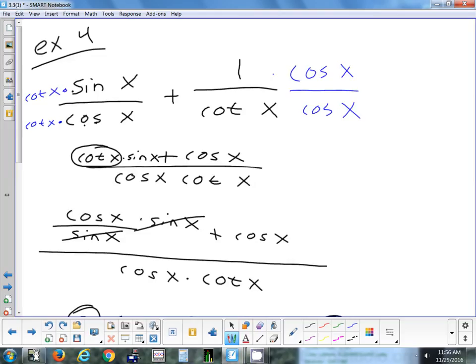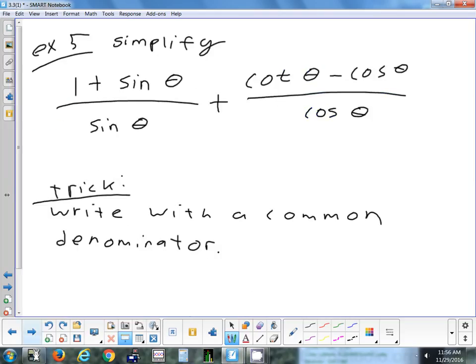All right. Now, example 5, there is no quick trick here like I just showed you. You have to do it with a common denominator. Okay, so what's the common denominator going to be? Sine times cosine. What's the first denominator missing? Cosine.